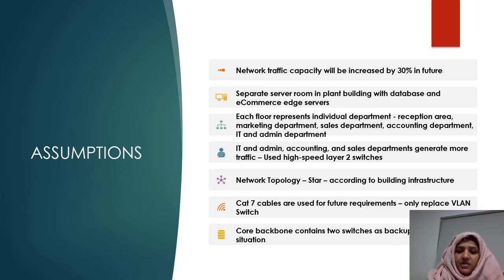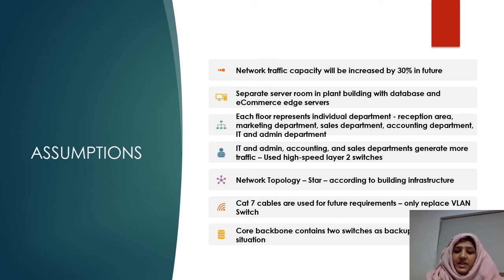To accommodate that requirement, I have utilized a high-speed network with layer 2 switches. Moreover, based on the building infrastructure, I have utilized a star topology as the network topology.